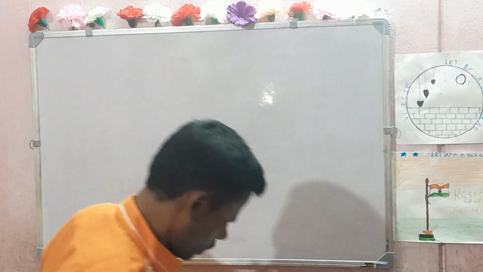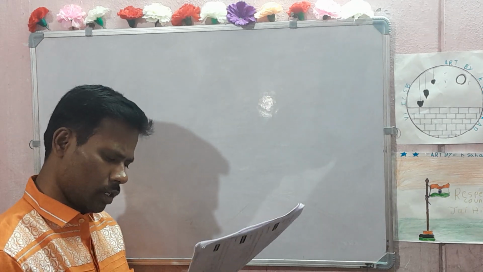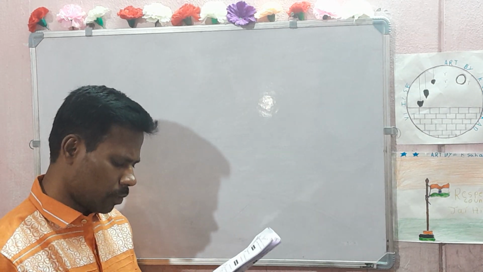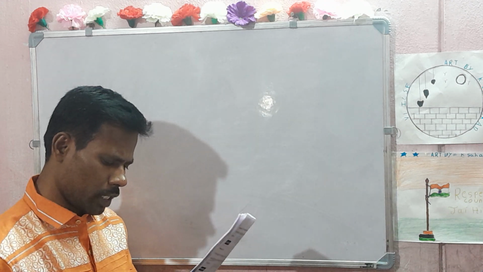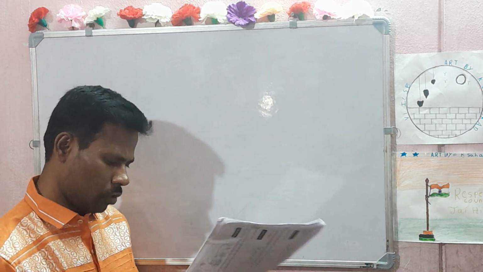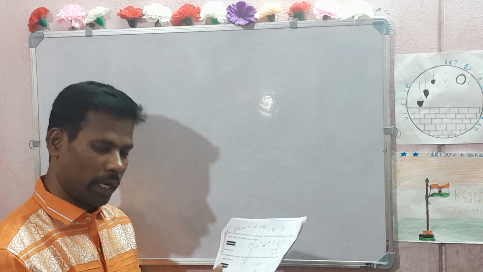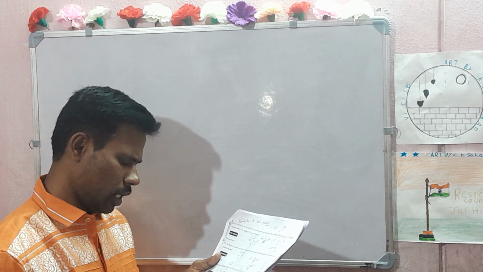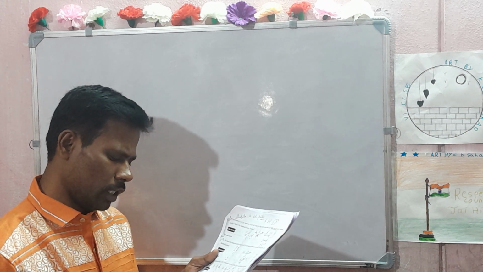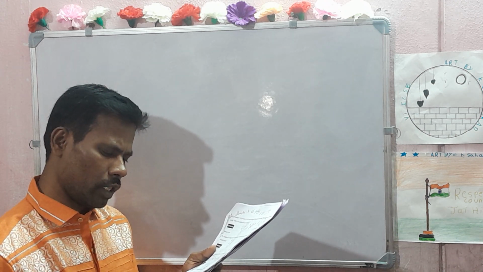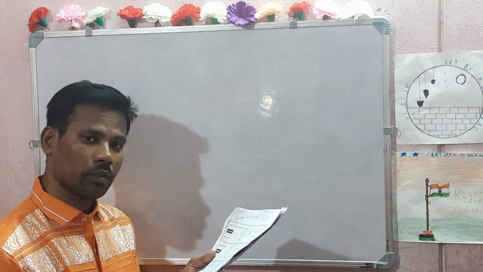Next, another question. Question number 30. At what price should a 6.25% rupees 100 share be quoted when the money is worth 5%?